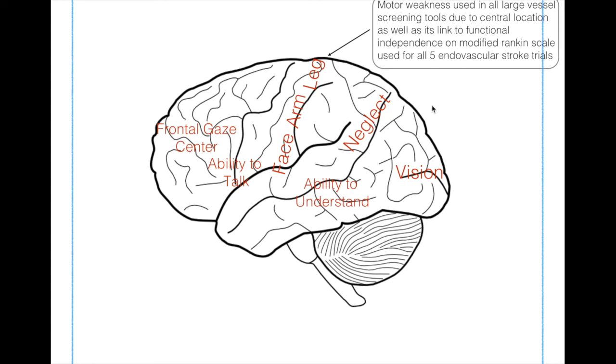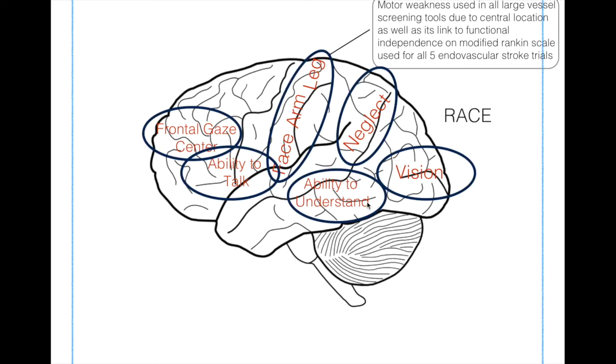This modified Rankin scale was used for all 5 endovascular stroke trials. So technically, having this type of weakness can predict if taking the clot out and giving you the ability to move again will make a difference in your functional outcome, right? So let's take a look.